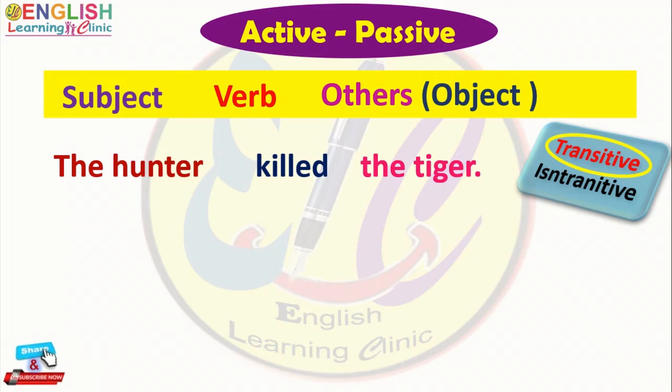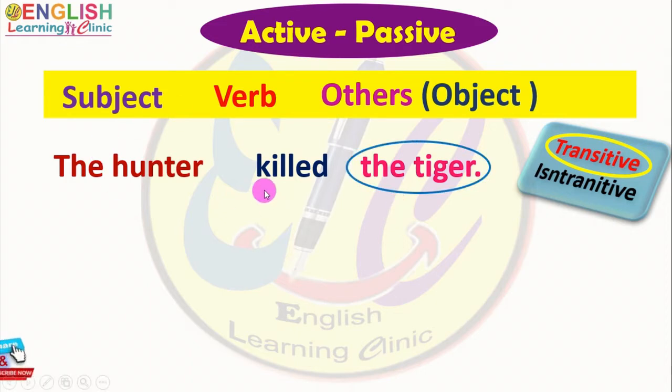To find out the object, we have to ask the verb a question with whom or what. Let's ask the question to the verb kill. Whom kill? The answer is the tiger. So the verb kill has an object. That is why the verb killed is a transitive verb.